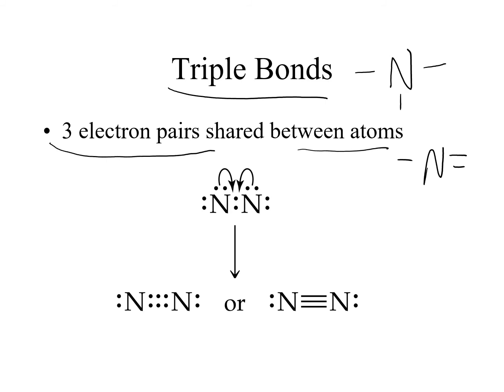So in nitrogen here, this first 2 dots between the 2 nitrogen atoms would be a single bond. But we can move these electrons into the center and share them as well, which is represented down here. So we have 3 pairs of electrons being shared between atoms. We call that a triple bond, and we would represent it with 3 lines. Again, each line represents 2 electrons.